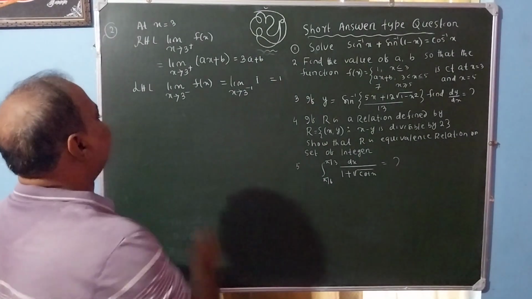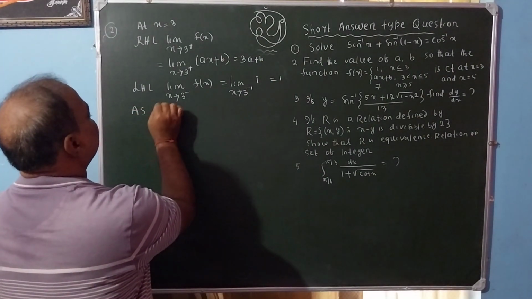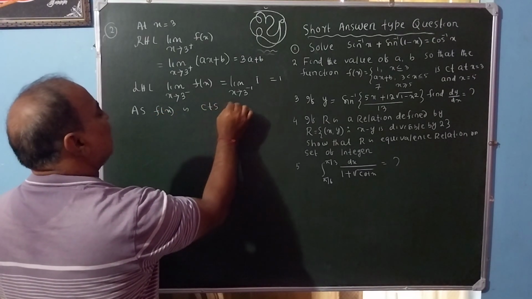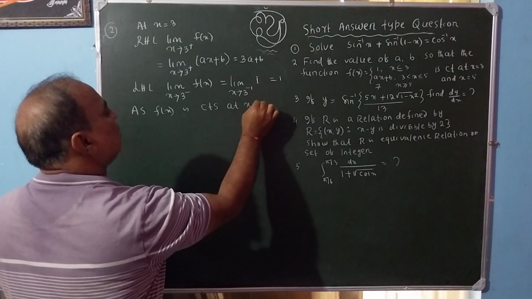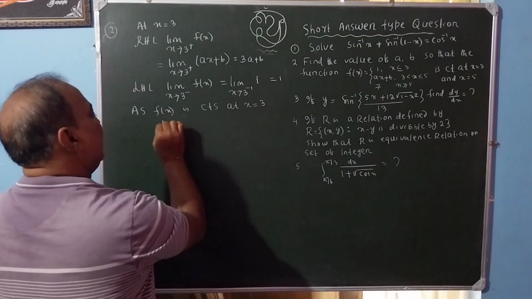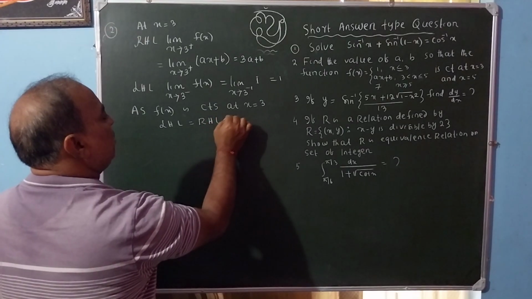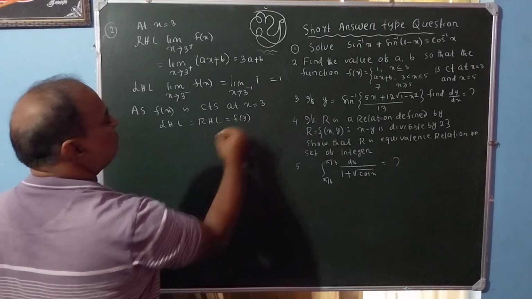As f(x) is continuous at x is equal to 3, LHL is equal to RHL is equal to the value of the function.